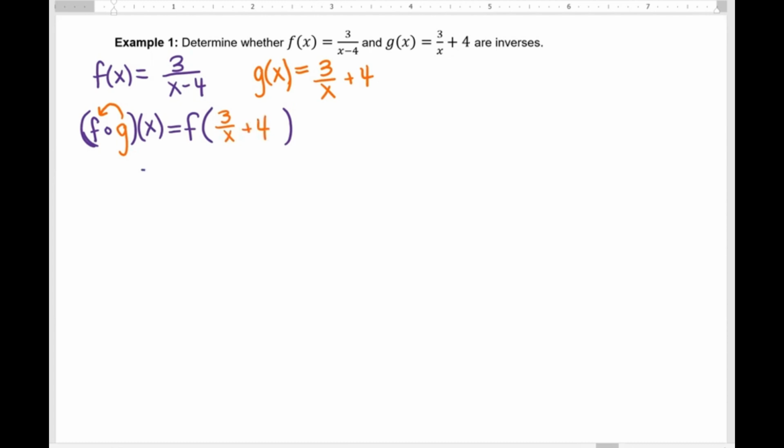Okay. So our f function is 3 all over, I'm going to put in some parentheses, x minus 4. And this is where x was. Instead of x minus 4, we're going to plug in the 3 over x plus 4. Because we do not have anything in front of the parentheses that we need to distribute, our next line, we're just going to drop the parentheses.